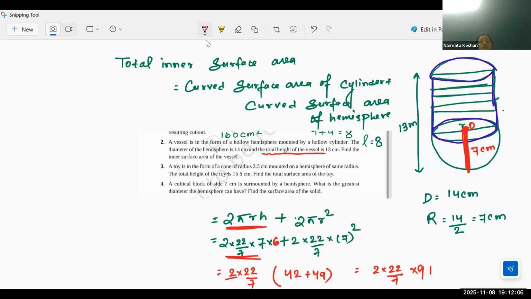Please do it and note it down. The answer is 572 centimeter square. Yes, everyone is getting the same answer.